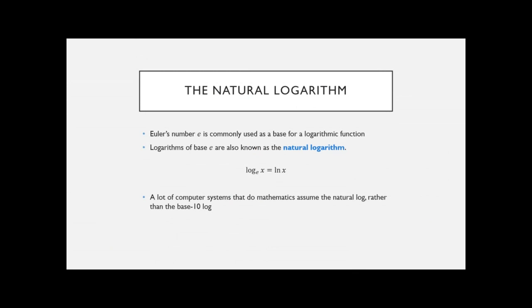So one thing to know about logarithmic functions is that we do have another type that's called the natural logarithm. When you learn about exponentials, you learn about Euler's number, e, which is a special number. And when that number is the base of your logarithm, we call it the natural logarithm. And we actually have a new symbol for that.